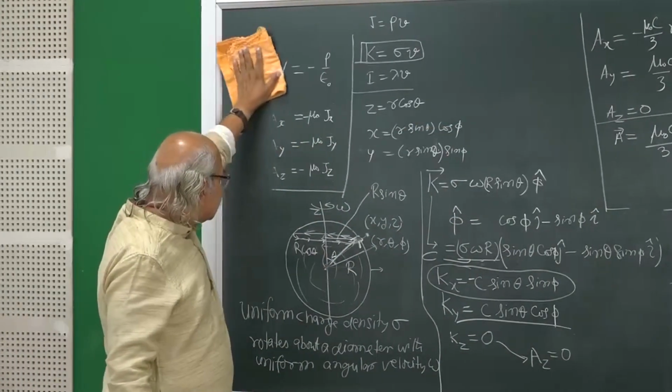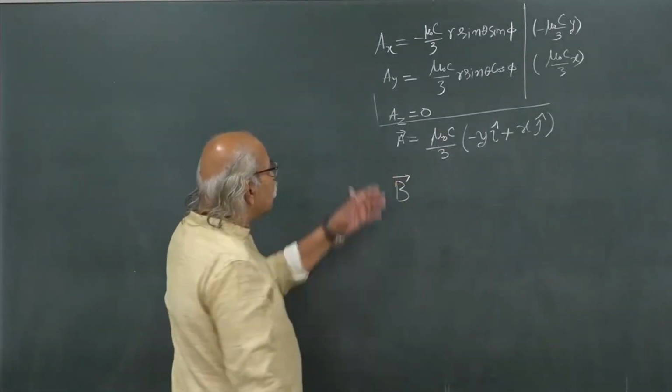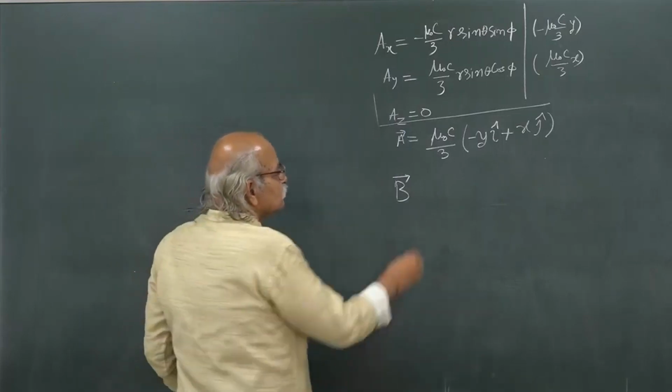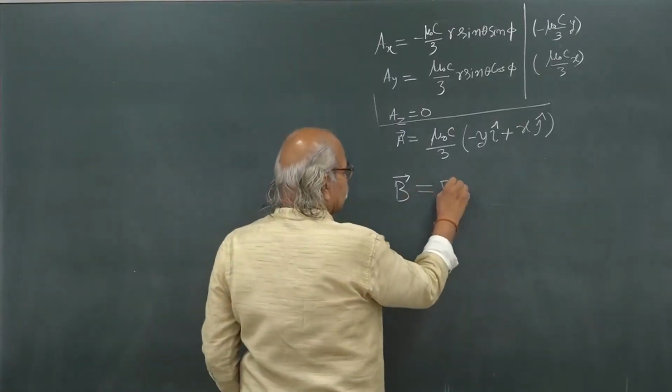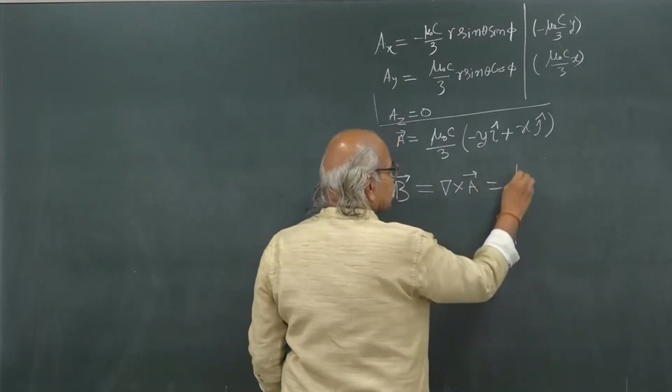So, now I can erase all this. So, magnetic field B, and this is all for inside the sphere, which is curl of A, and in Cartesian coordinates it is easy to remember.